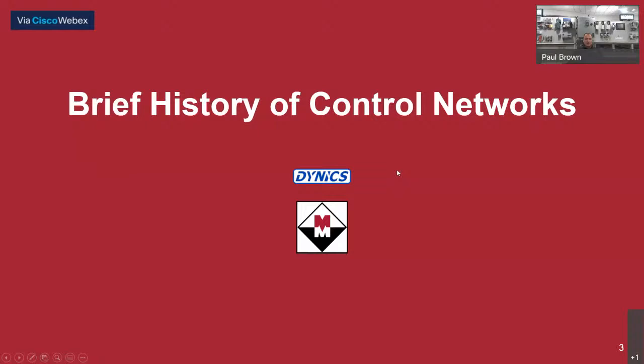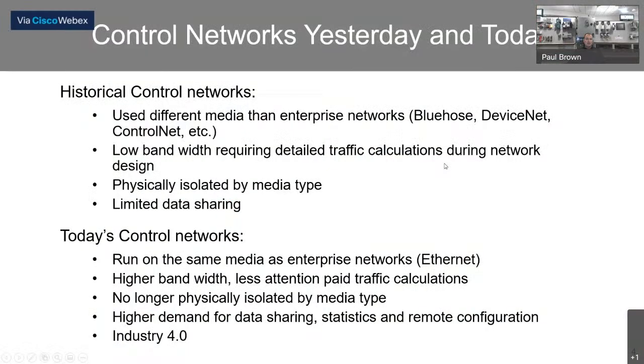We're going to start with a brief history of control networks yesterday and today. Historically, control networks used different media types for their communications than our traditional IT and enterprise networks.